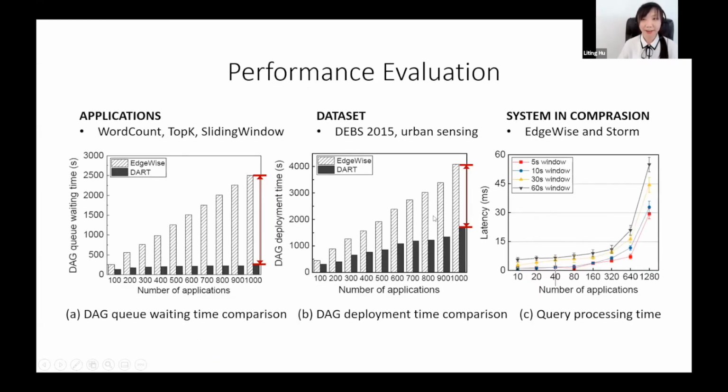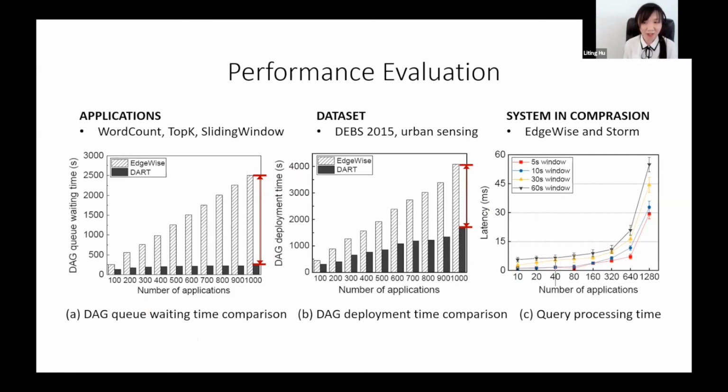We deploy a large number of applications simultaneously to demonstrate the scalability of our system. We compare Dart with EdgeWise and Storm. The results showed that Dart significantly reduced the queue wait time and deployment time, especially when handling a large number of concurrent running applications. The gap increases as the number of concurrent running applications increases.